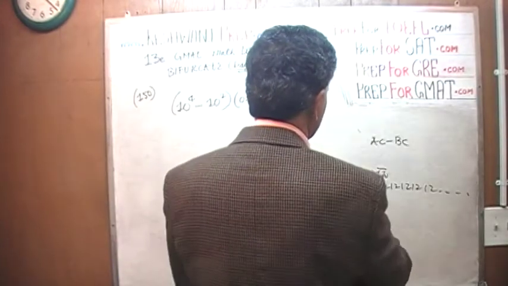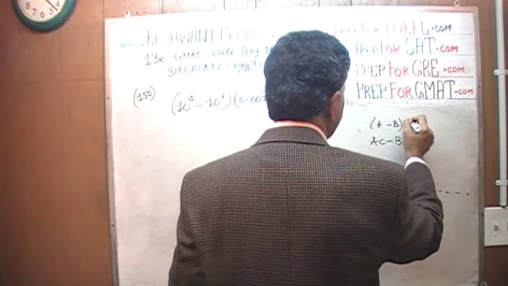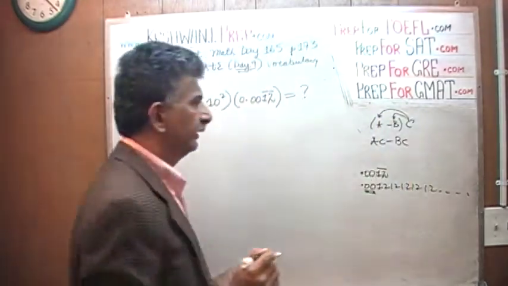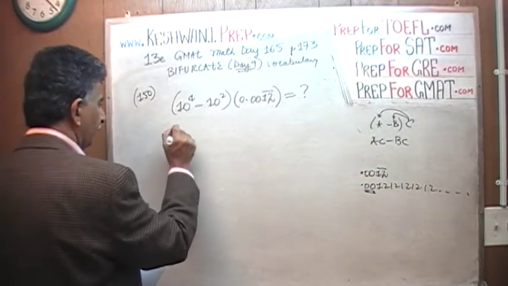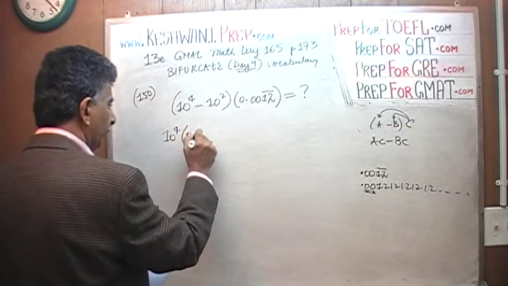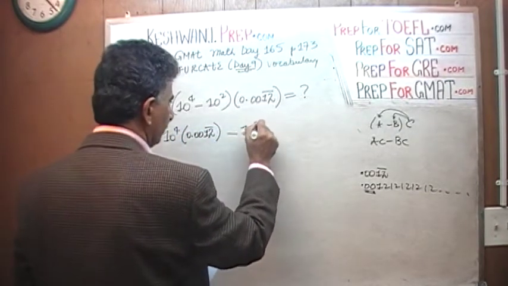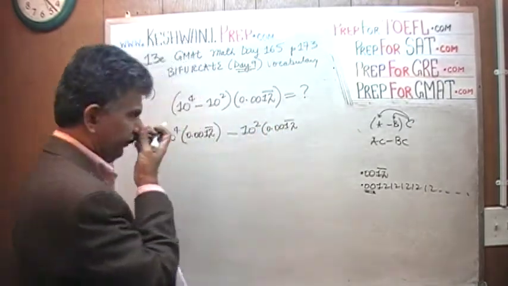A minus B times C is the same as C times A minus C times B. That's exactly what we're going to do here. So it's 10 raised to 4 times 0.0012 with the bar minus 10 raised to 2 times 0.0012 with the bar.